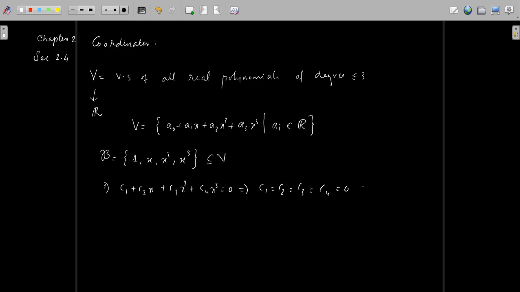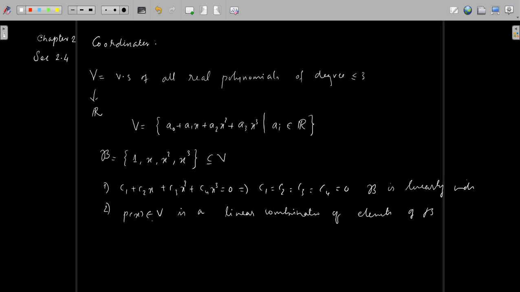That means the set B is linearly independent. Then we can say that any element of V, any polynomial p(x) belonging to V, is a linear combination of elements of B. This shows that this B is a basis for V.